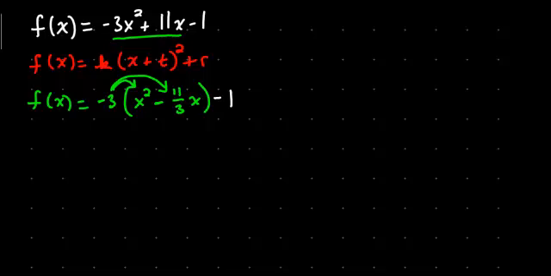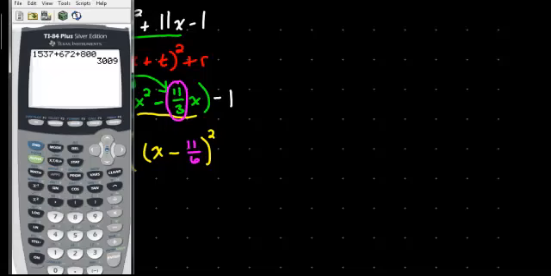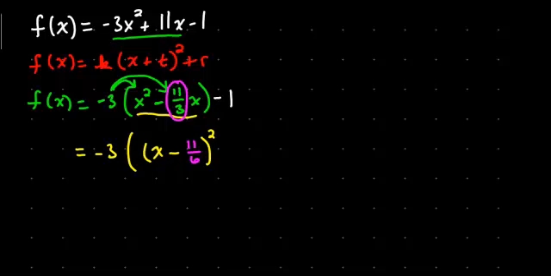Now we want to complete the square inside here. So this equals negative 3, and to complete the square, it's going to be x minus b over 2. b is negative 11 thirds, so b over 2 is negative 11 sixths. So negative 3 times (x minus 11 sixths) squared, and there we're going to add a positive, what's 11 times 11? 121 over 36, and then minus 121 over 36.